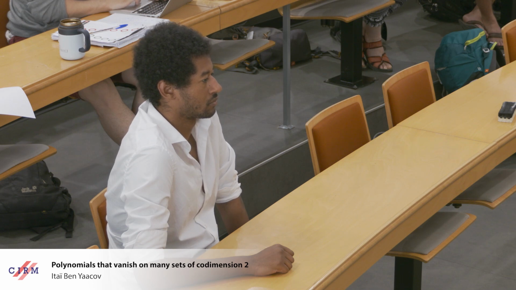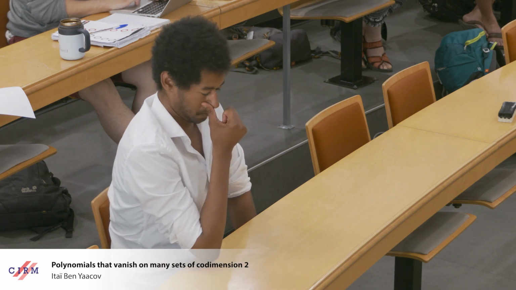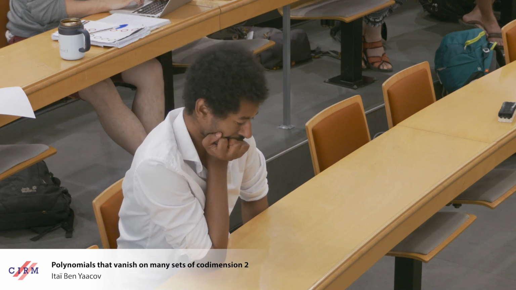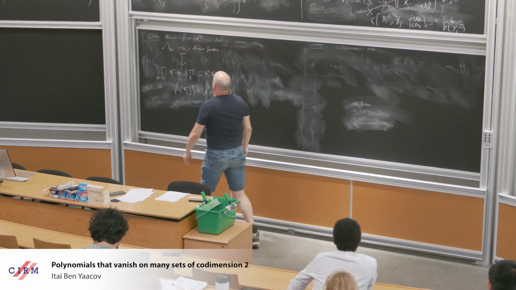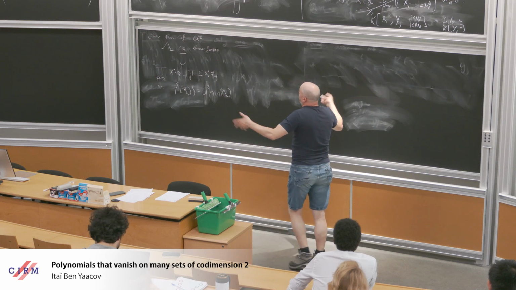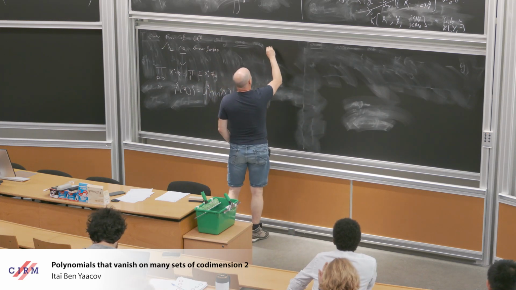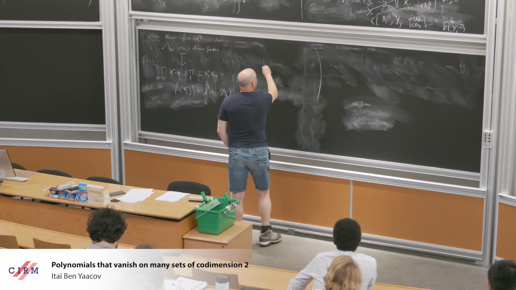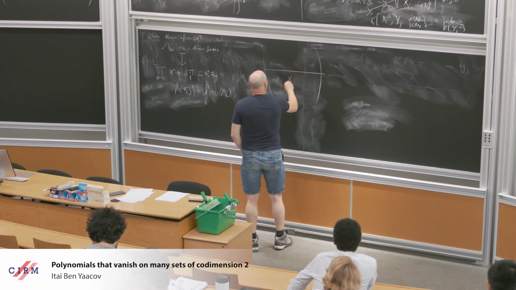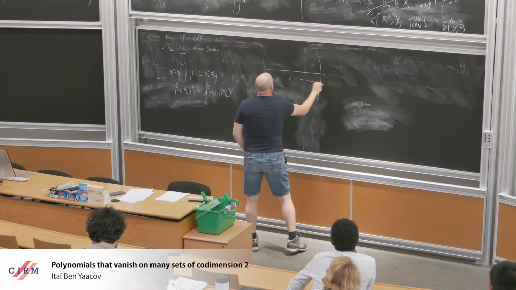For each of those lines, I'm going to take a totally generic lambda. Again, you might as well think of it as an indeterminate family of linear forms. So I have this matrix, and here it's still the same, x_i's in the i-th line.